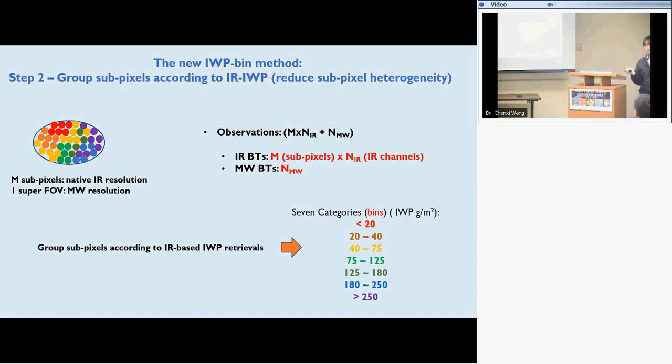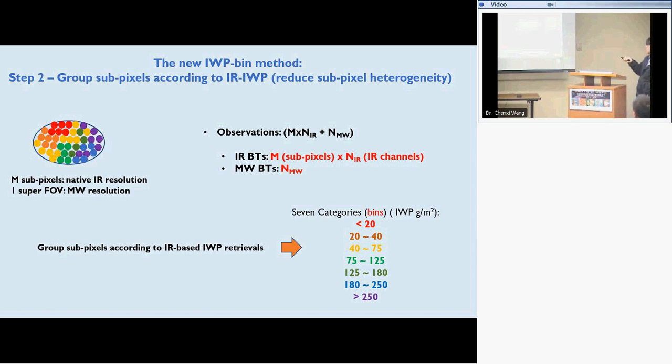In step 2, we apply some strategy to group those subpixels. This is the strategy we are currently using, but in the future we can find a better way to do this. We group the small pixels by the infrared-retrieved ice water path.